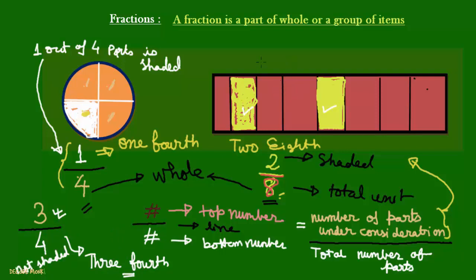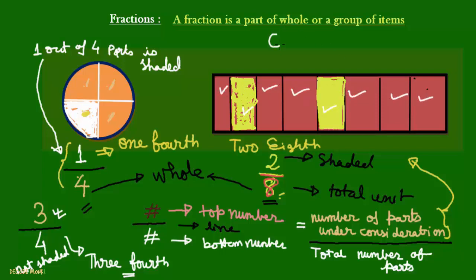Similarly, for this particular question, the number of parts under consideration represents the unshaded portion, the portion which is not yellow in color. Out of 8, 2 are shaded yellow, so we are left with 6: 1, 2, 3, 4, 5, 6.